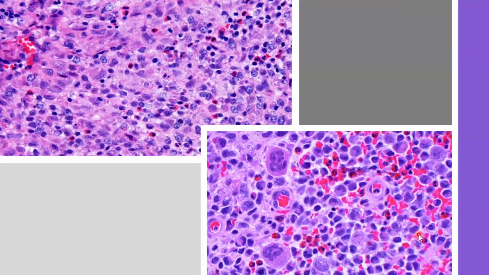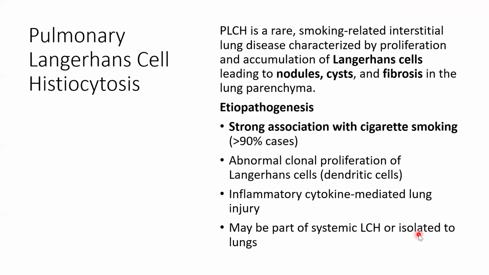Grooving. Nuclear grooves. Yes. Kidney-shaped nucleus. Yes, very good. Eosinophil rich infiltrate is also there in the background. Yes, yes. And what is the treatment? BRAF inhibitors. BRAF targeted. Yes, very good.